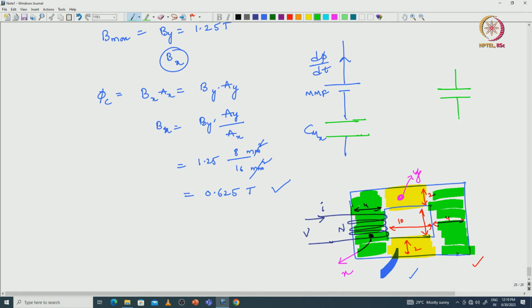In the y region we have Cmy and Cmy on this side. After adding all these capacitors in series, we will get the equivalent circuit.